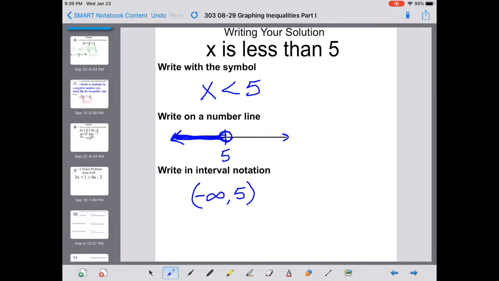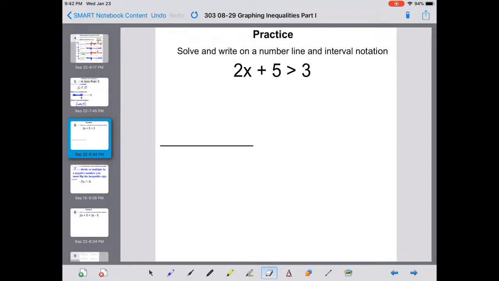We're going to try another practice problem now. So again, we're solving, and now we're going to write our answer in all three forms. So we're still going to treat our inequality symbol like an equal sign for right now. We're going to subtract the 5 from each side.